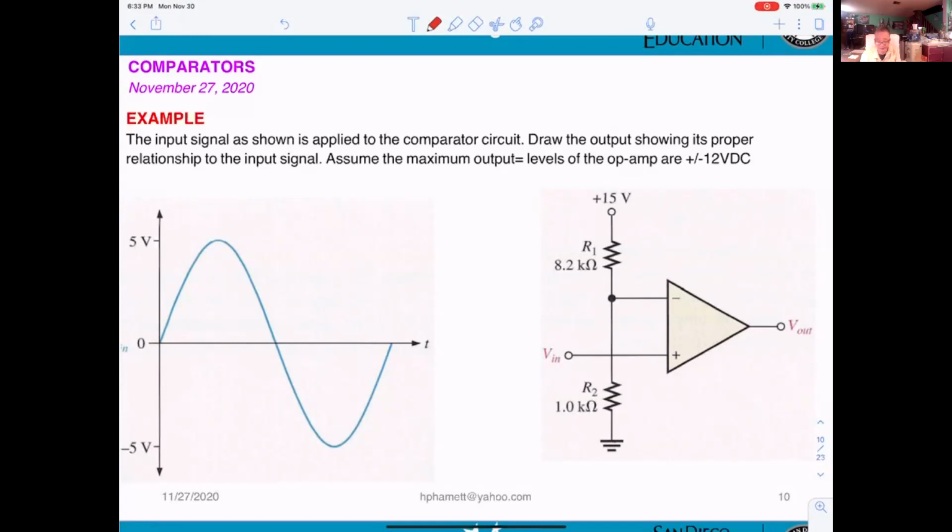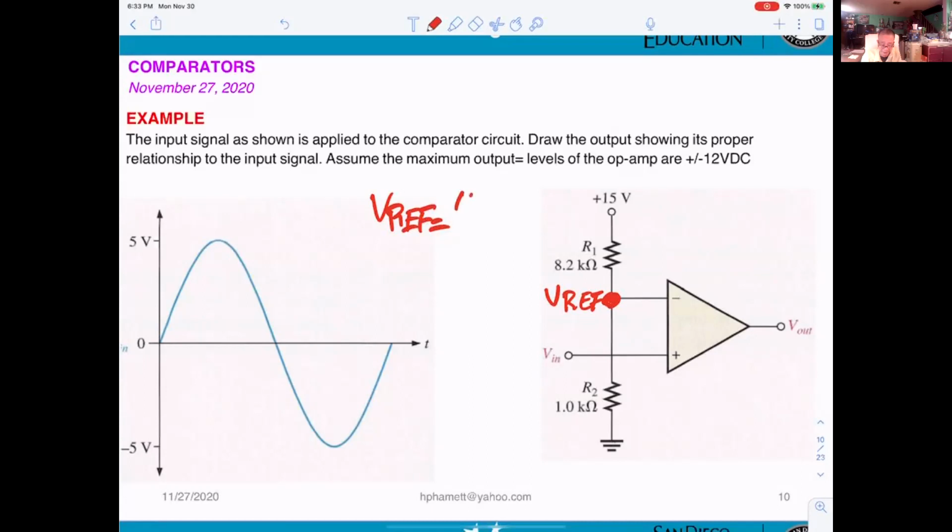Before you can do anything, in this comparator, to compare to the reference, that means they compare to the voltage here. So what does the Vref equal? Voltage divider. Perfect. Then you have to calculate the V reference.